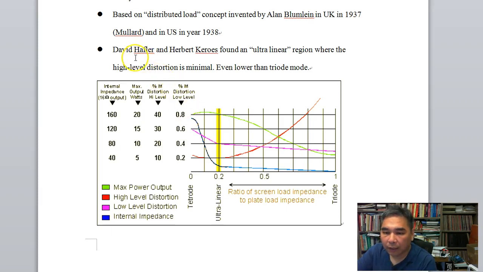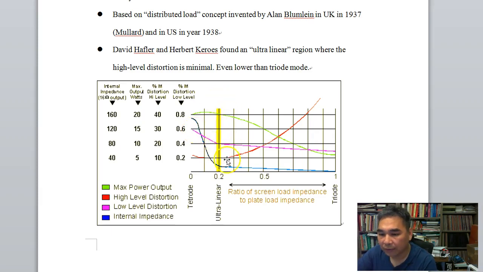What David and Herbert found is a very narrow region, with a certain percentage of the winding tap, represented by this yellow band, where the output power is very close to a pentode, which is high, and the impedance is quite low compared to the pentode mode, and the high-level distortion is low, and the low-level distortion is also lower than the tube operating under pentode mode.